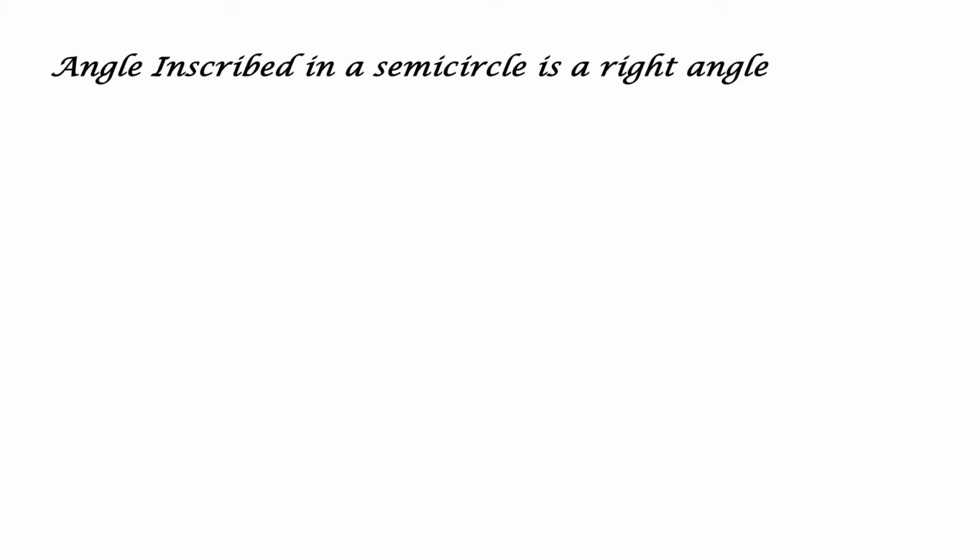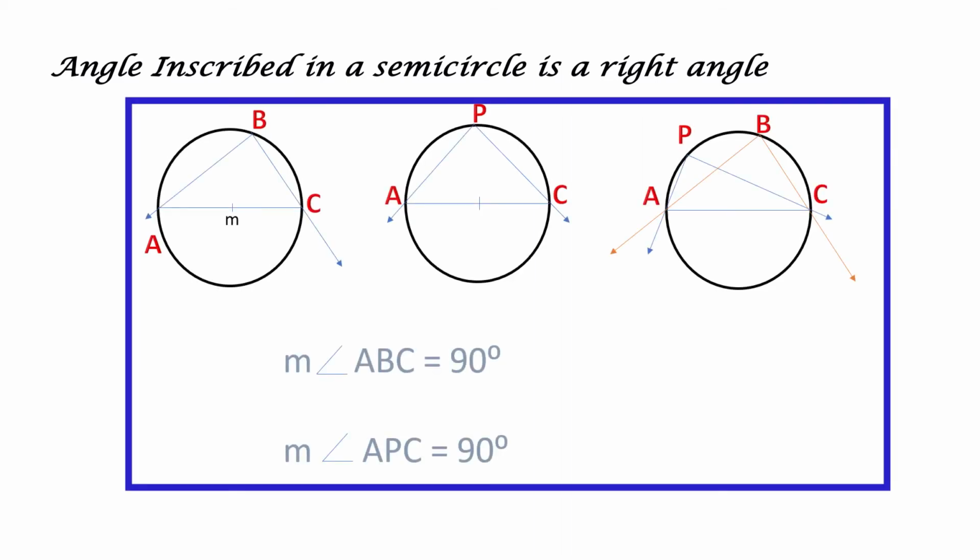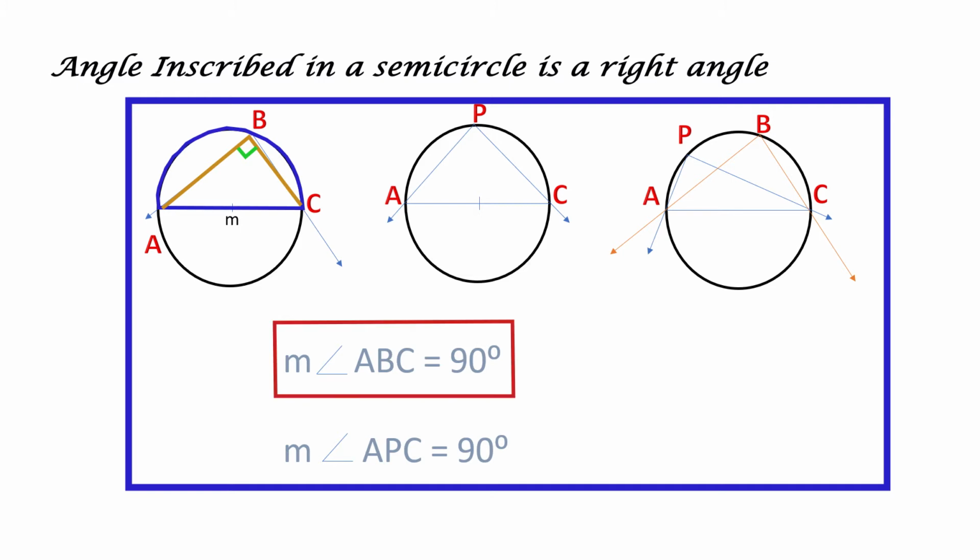Now the next point is: an angle inscribed in a semicircle is a right angle. In the given figure, see in the given circle that angle ABC is inscribed in a semicircle. The angle ABC in the semicircle is always a right angle.